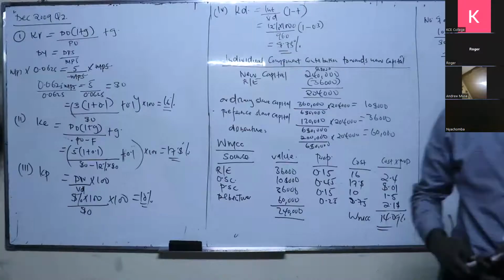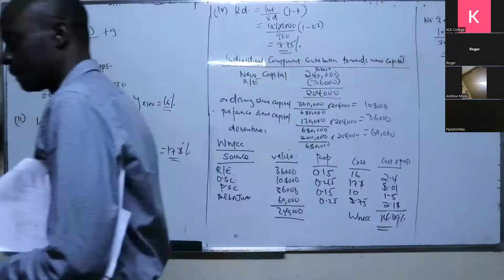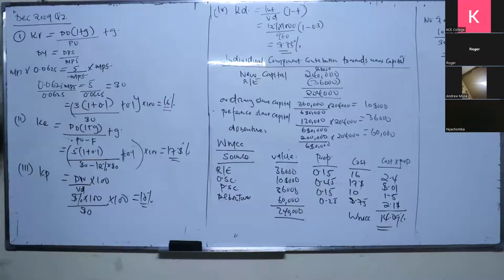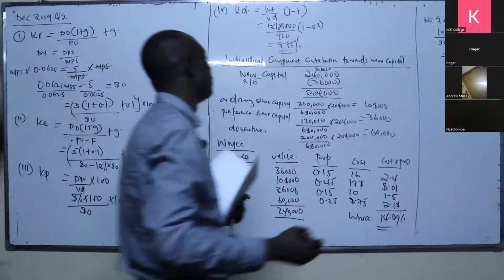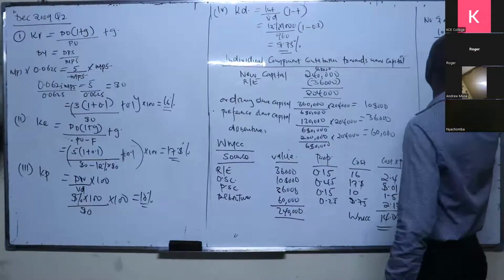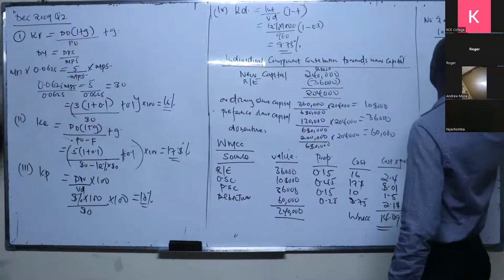So how much do you get? 1534 shares. So they're going to issue 1534 shares.